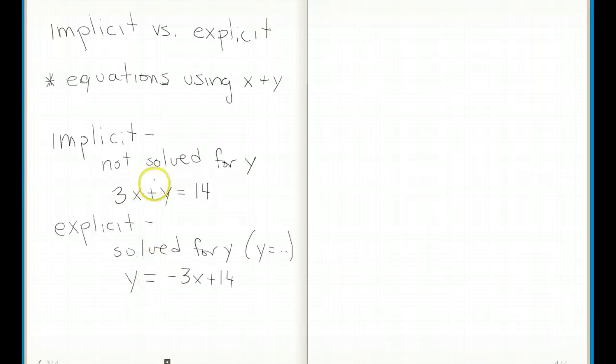And so having these two forms can help us determine if an equation that we're given represents a function. So how can we do that?